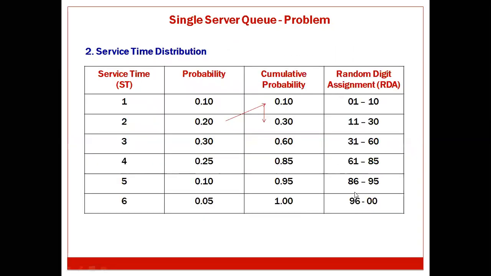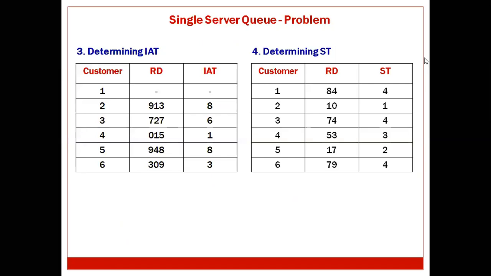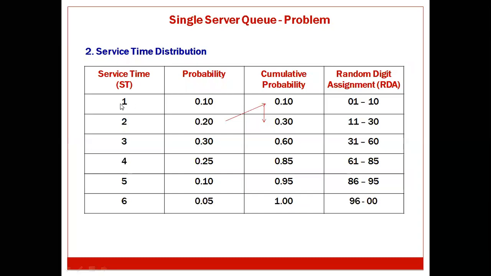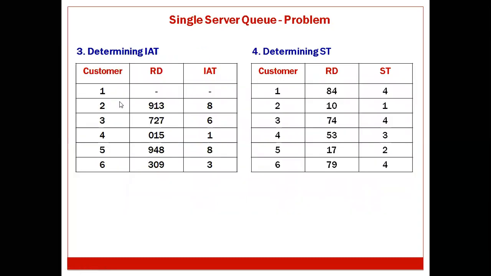Where does 84 come? In the range 61 to 85. So what is the service time? 4. So you write that down here. Similarly 10 comes under 1, since it is in the range 1 to 10, so 1 it is. The same way you will have to complete this table also.